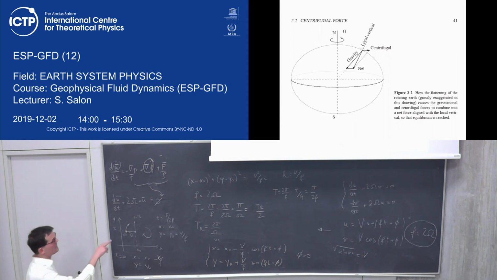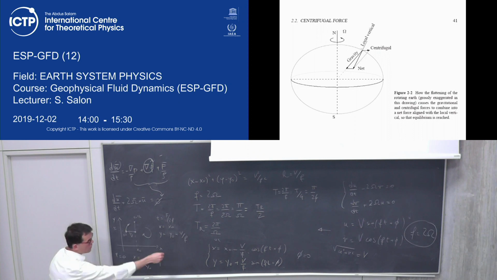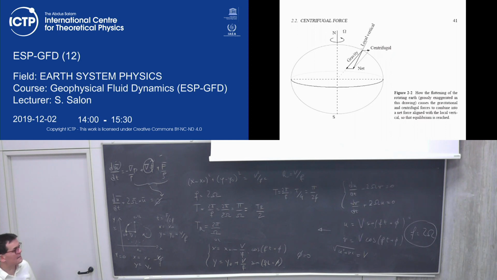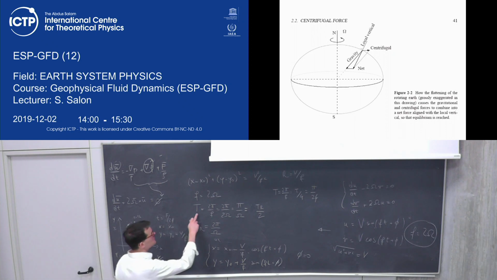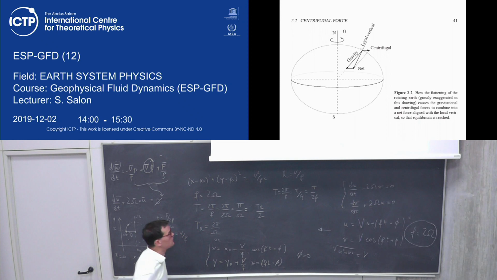What I obtain is that if I continue, I will do something like this. I will create an oscillation or circular motion, which will have as a period half of the period of the rotation, and as a frequency twice the frequency of rotation.